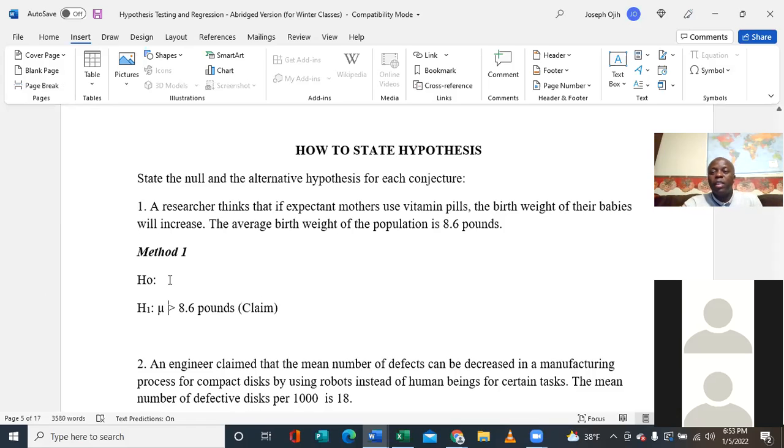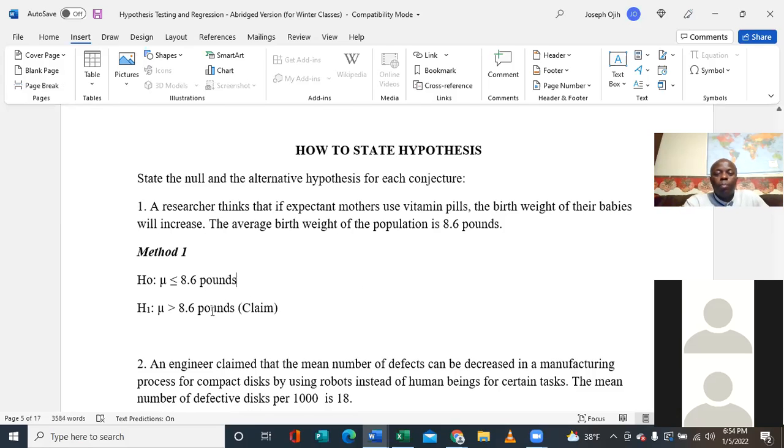But you cannot use the less than symbol here. You can only use less than or equal to. So H0 becomes: the mean is less than or equal to 8.6 pounds. That's it. You have stated the hypotheses.